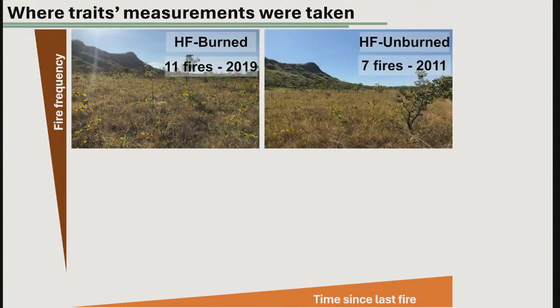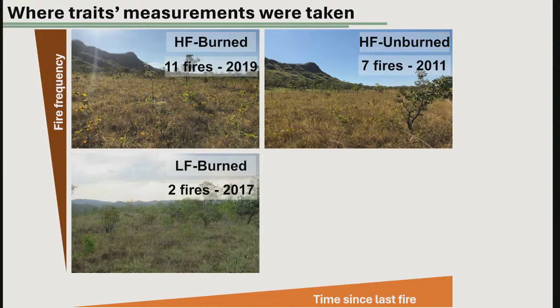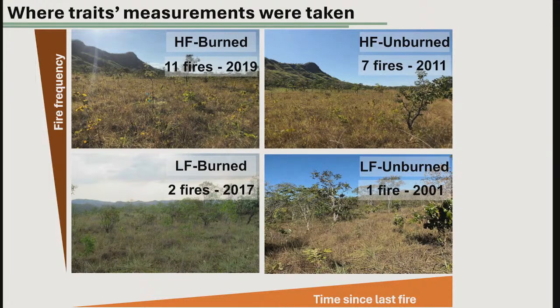And the second area was also a high fire frequency area, burned in 2011. While the third area was classified as a low fire frequency area, burned in 2017. And the last area was also a low fire frequency area, but burned in 2001, having more than 20 years of fire exclusion.